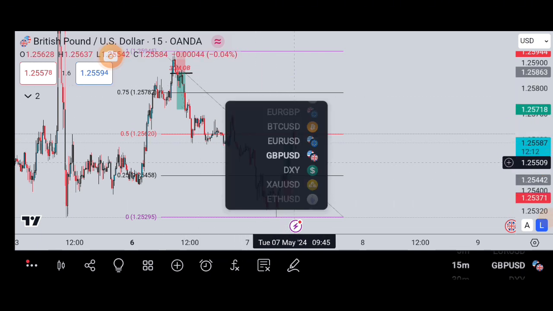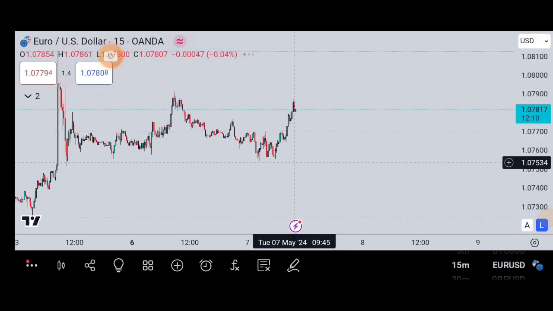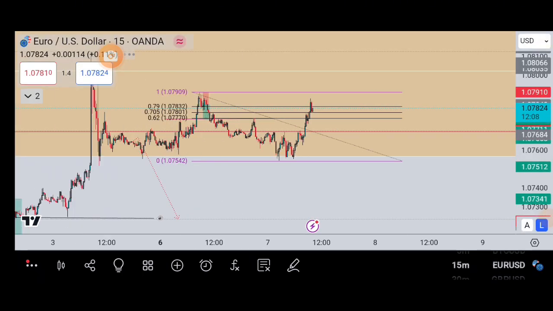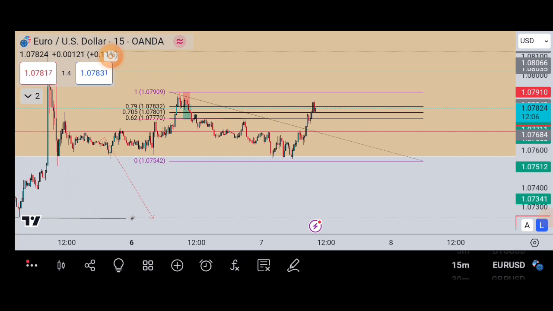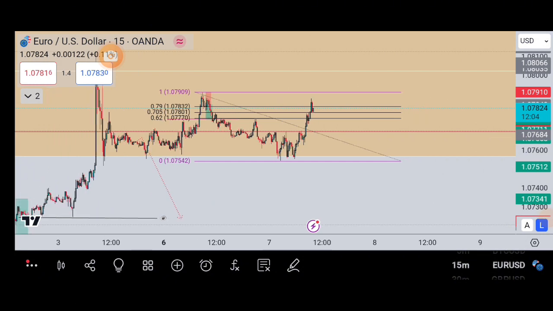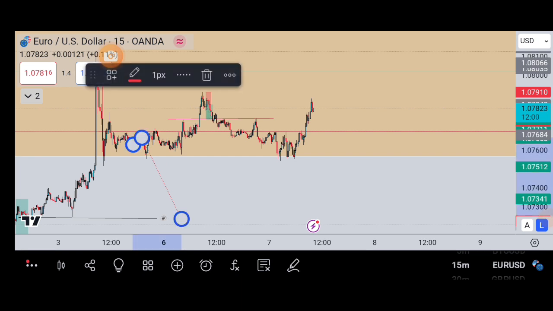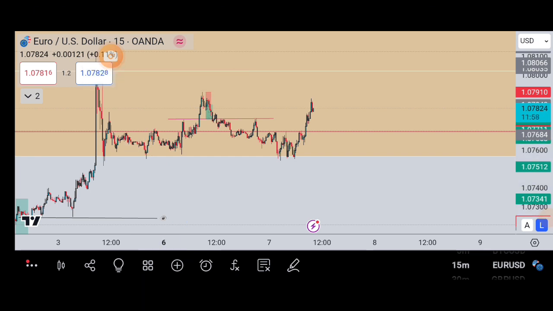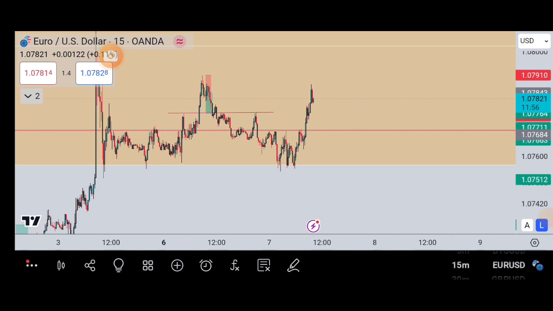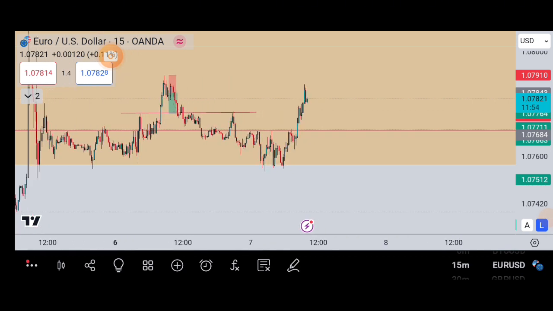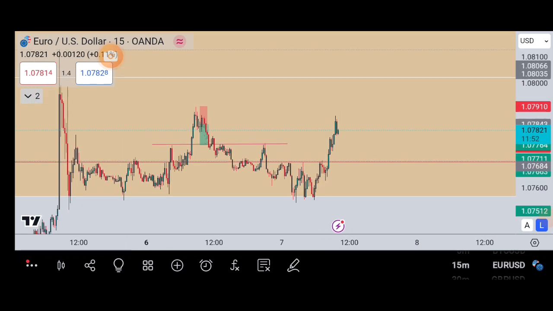But if you go to the Euro USD, it seems like we are kind of in a consolidation, right? So in situations like these, you have to look for the perfect pair to be trading, right? And how do you do that?